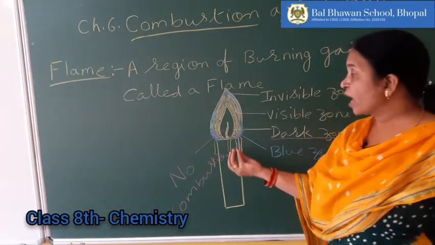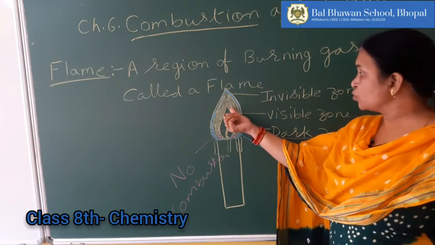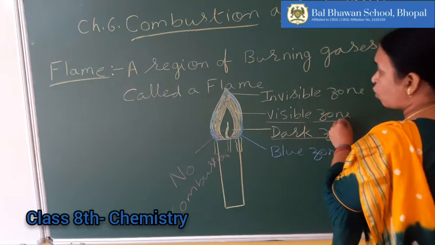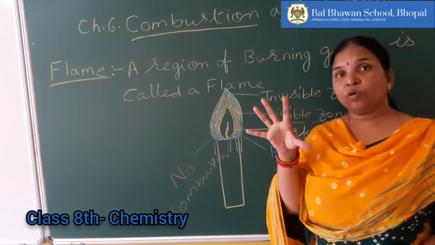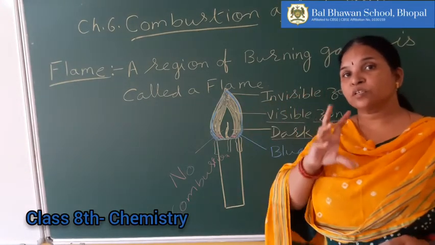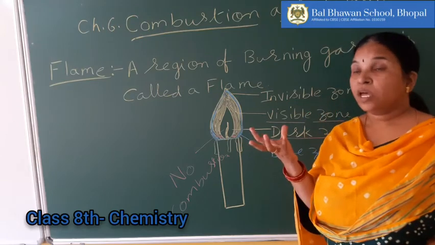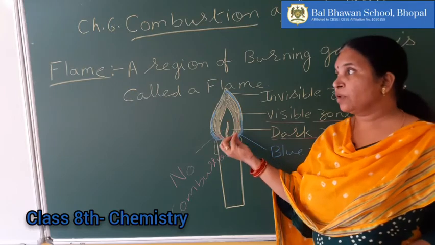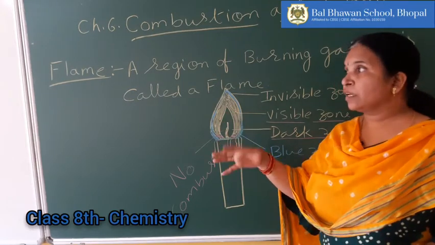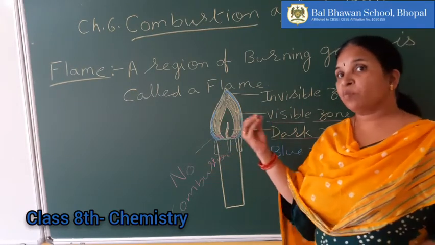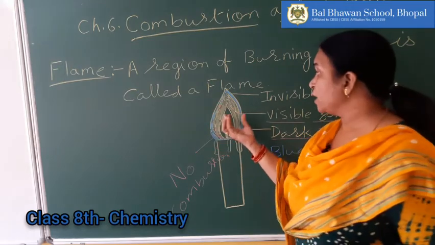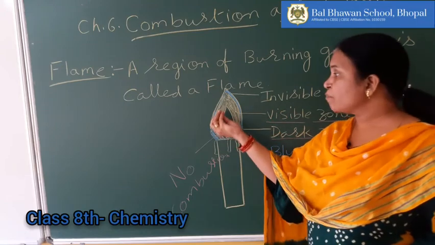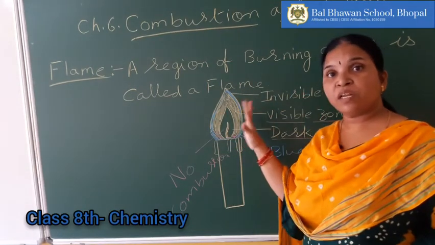Now the wax vapors have reached the middle zone, which we call the visible zone or luminous zone, or in some books the yellow zone. Here the unburned wax vapor will absorb the heat and become white hot, and emit this yellow light. But some particles will remain unburned.